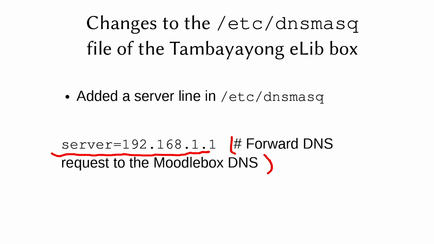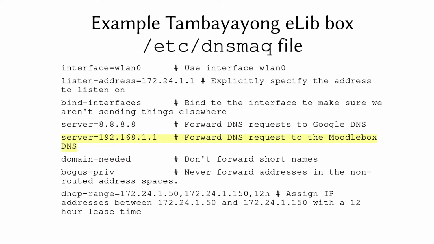Then it will provide the Moodlebox websites via the Tambayayong e-lib box to the student's device. So here's an example of the dnsmasq file of the Tambayayong e-lib box. I only added one line which identifies Moodlebox as the domain name server of the local area network.